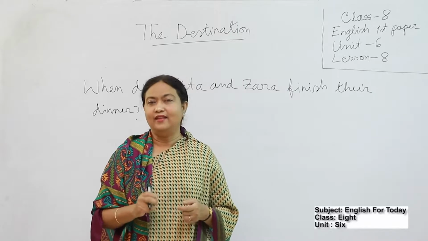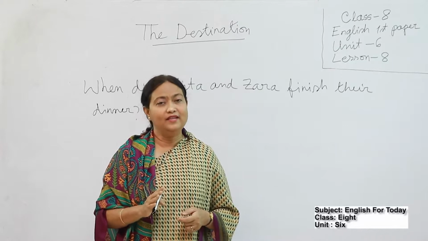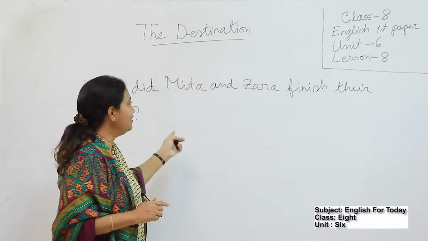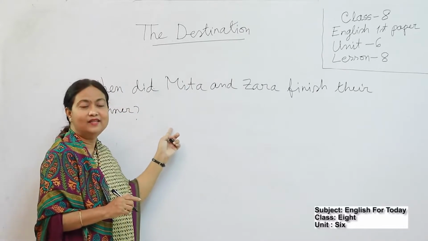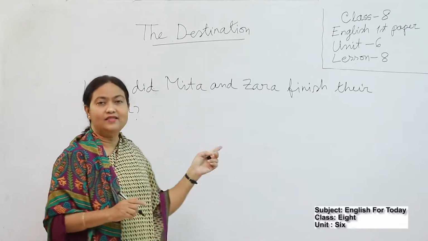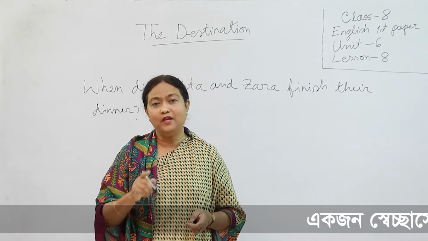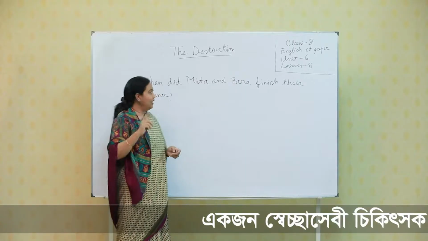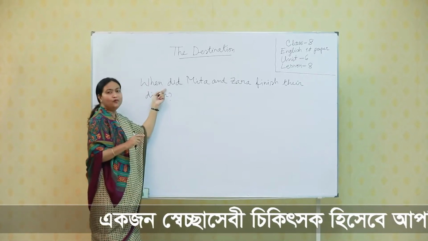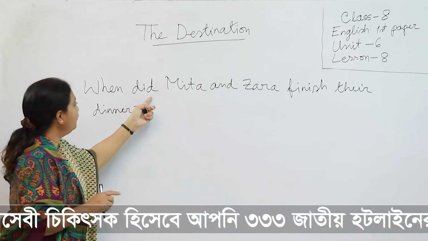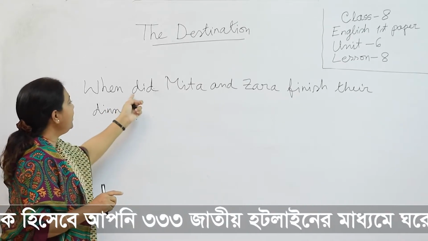Okay, students, I think you have already read the passage. So, what will be the answer of this question? Yes, the answer is Mita and Zara finished their dinner at 8 p.m. Okay, one thing, the question was when did Mita and Zara finish their dinner? We use did.